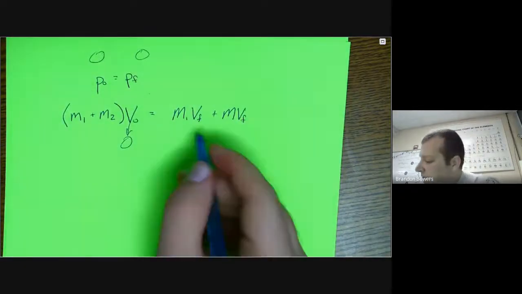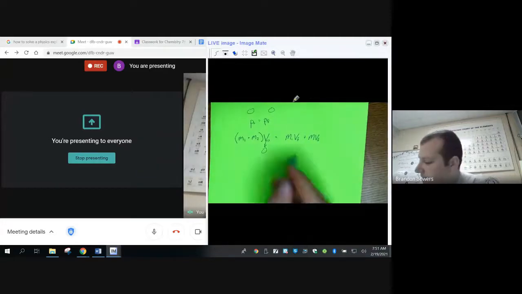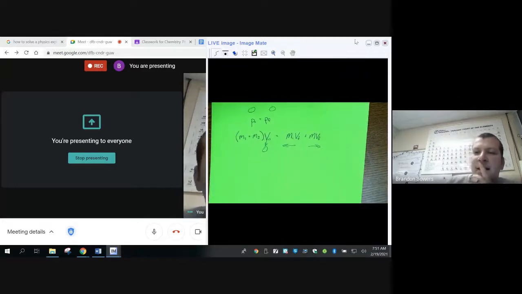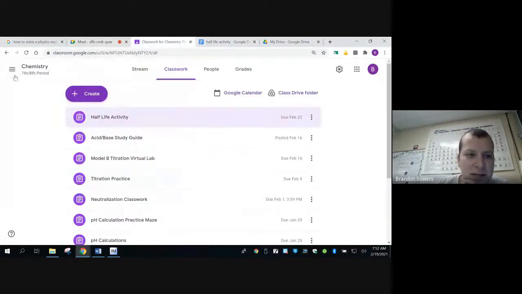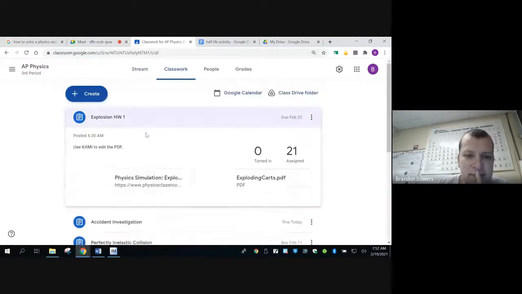Because sometimes what happens is this moves to the left and that moves to the right. And that's what our virtual lab is going to do today. What you guys are going to do is what I posted in classwork, explosion homework.